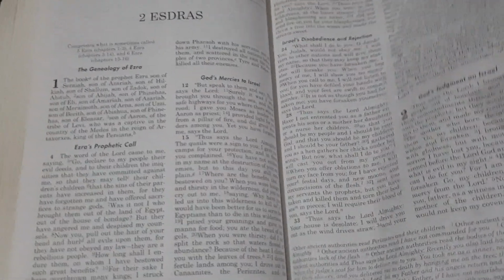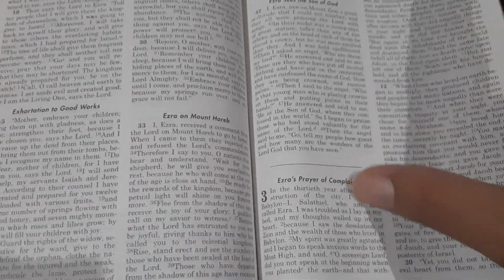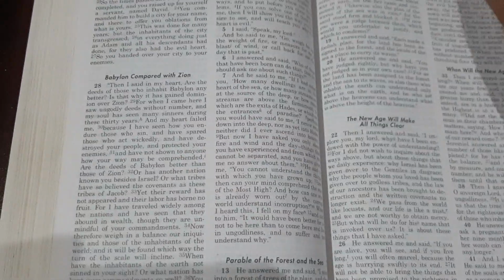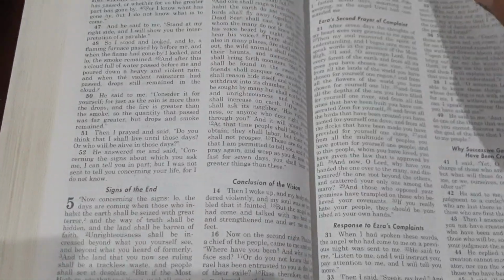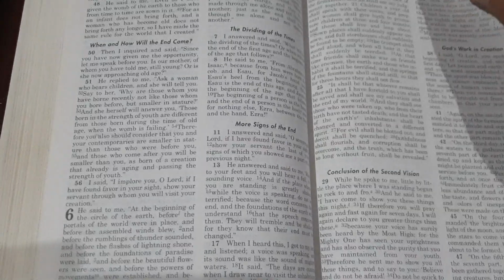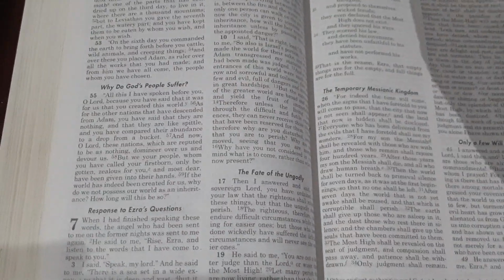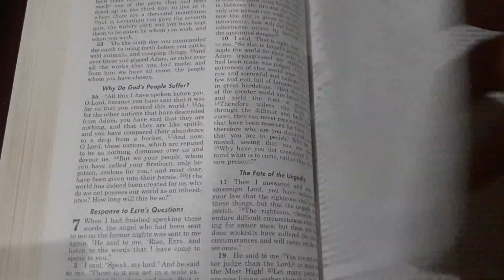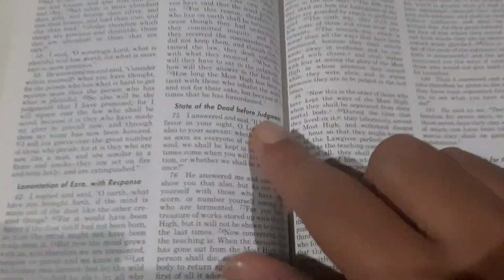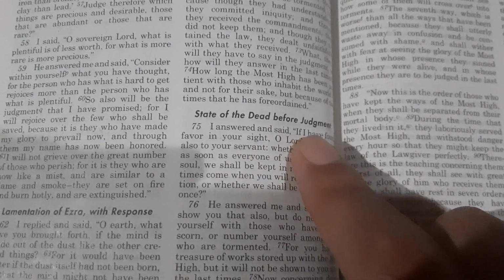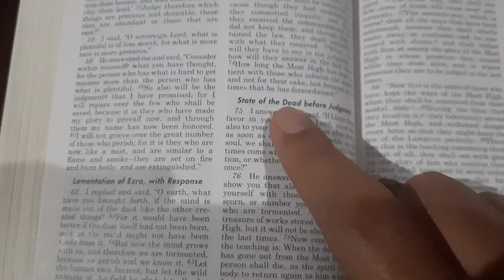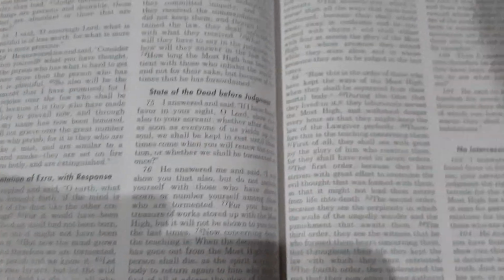Maybe I can find it. We will flip through the pages. See here, it's separated here. Maybe we'll find it. Here. State of the dead before judgment. This is the teaching of purgatory.